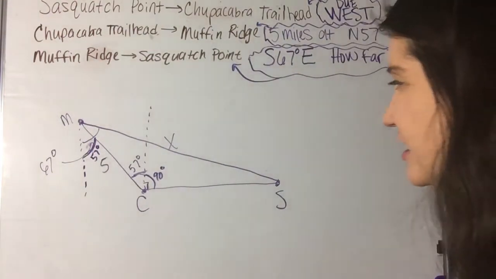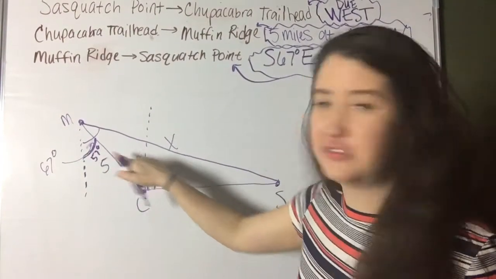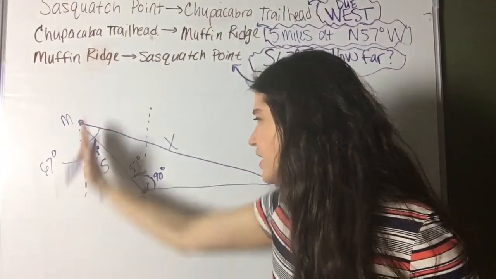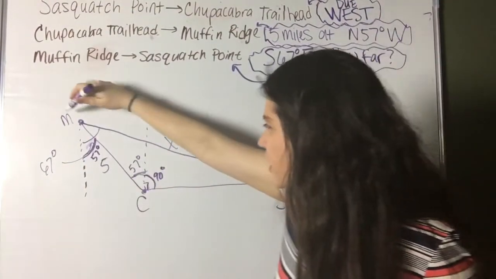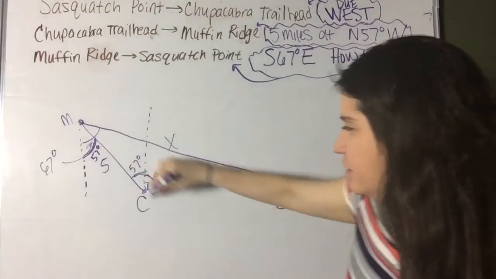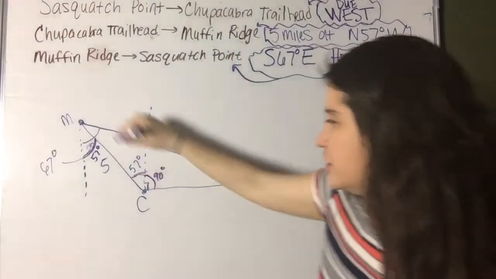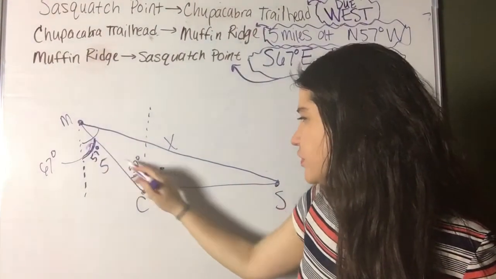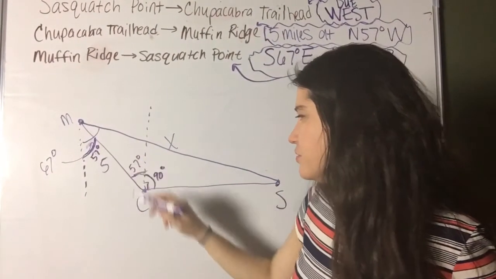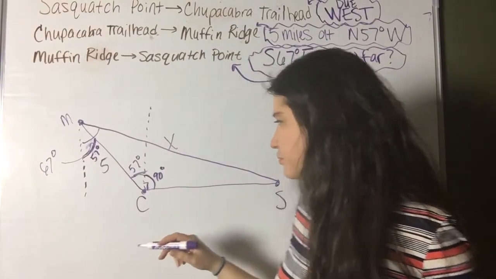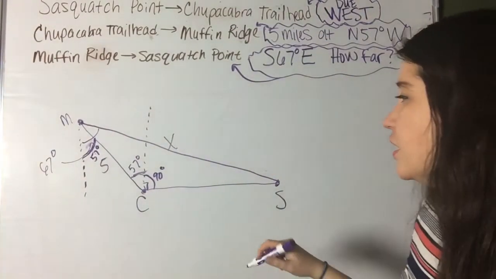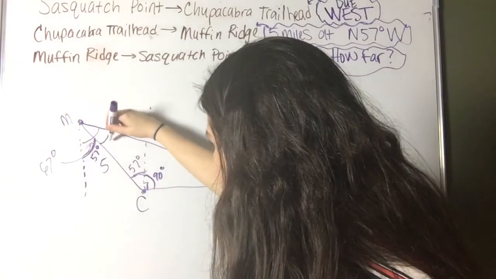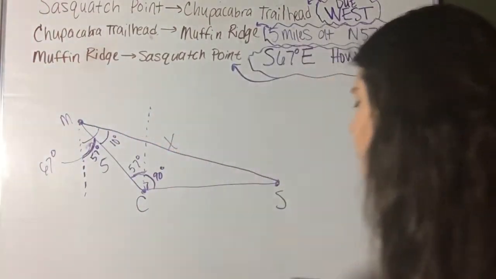The reason that these are both 57 is because these are parallel lines, and we have a transversal line, a line cutting through those parallel lines, which makes these opposite interior angles. So they're equivalent. Now if that's 57 and this whole entire angle is 67, that makes this 10 degrees.